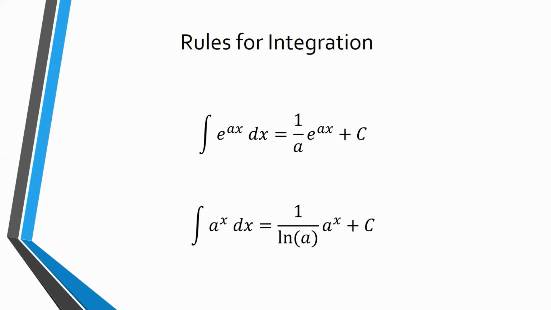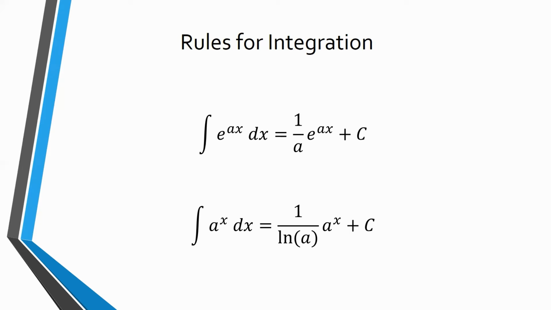The same thing is true for a to the x power. If you remember, when we took derivatives of a different base to the power x, we had to multiply times natural log of a at the end. Well, if I take an antiderivative of a to the x, I get back a to the x, and then I have to divide by natural log of a.